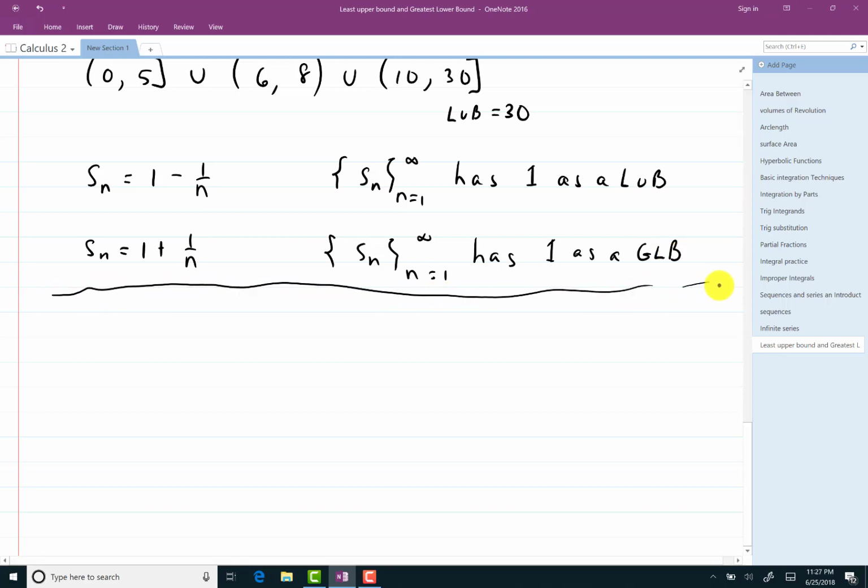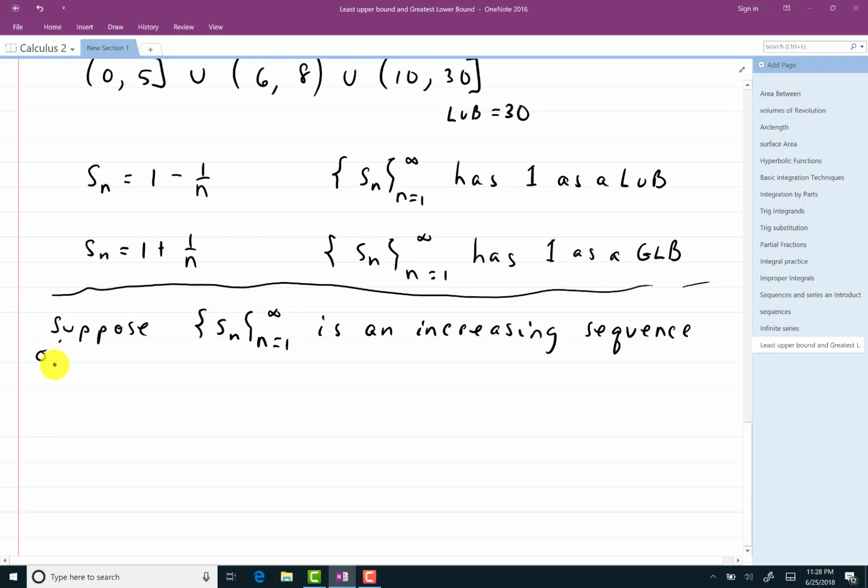Okay, so this brings me to how it's going to be used in this course. So we'll say suppose S sub n, n equals 1 to infinity, is an increasing sequence of positive numbers.